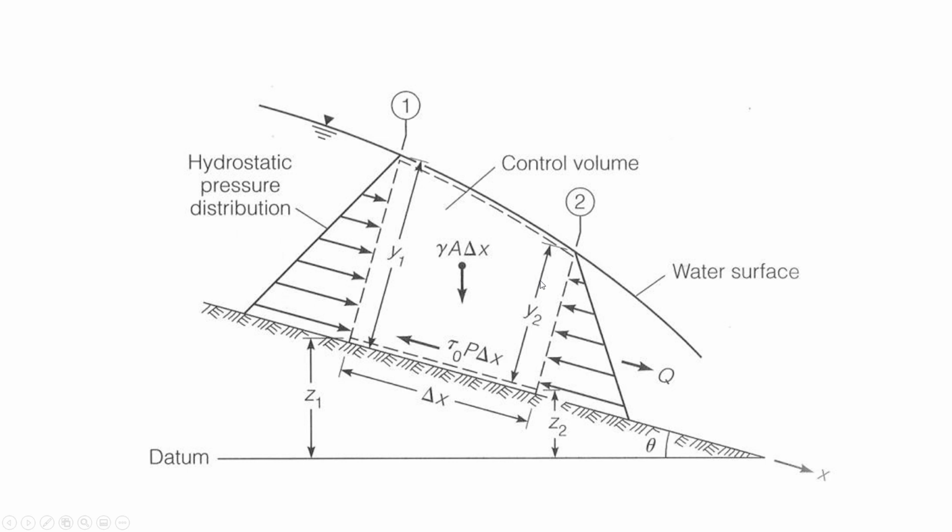That means that the slopes can't be equal, that the water surface slope is steeper downhill, and that's why Y2, the depth downstream, is less than Y1, the depth upstream. So this is non-uniform flow.